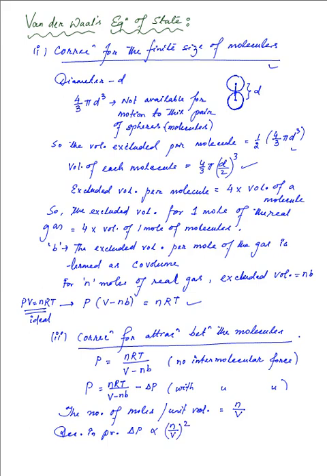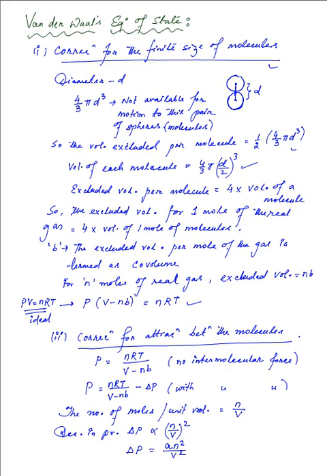And as a result of that, let's put a constant term over here, let us say, a times n squared over V squared. That is what we are getting when we are considering the correction in pressure. Now a is also a constant over here, and that is also characteristic of the gas that is under consideration.